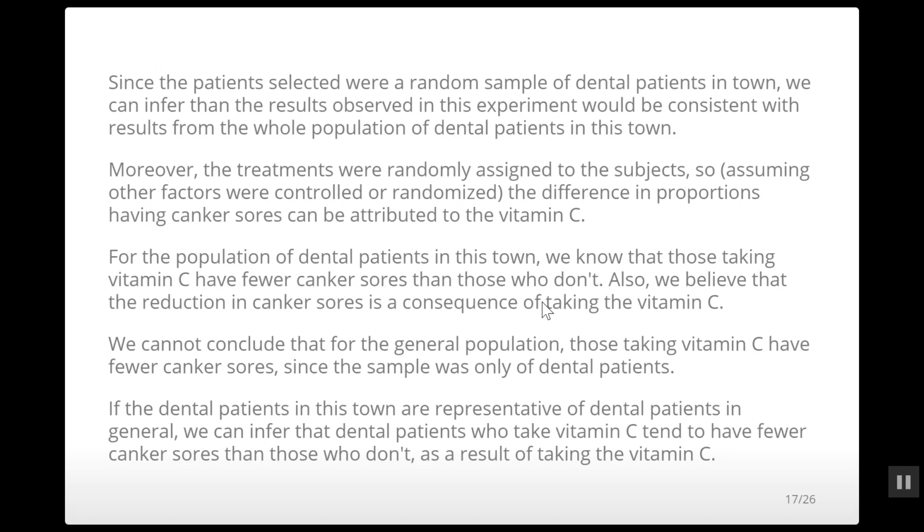So we have random sampling and random assignment, and so we can generalize our conclusion to the general population of all dental patients in town. We can also make the cause and effect conclusion regarding the relationship between vitamin C and fewer canker sores. So if we want something like that, we need both random sampling and random assignment. And that's what we have here.